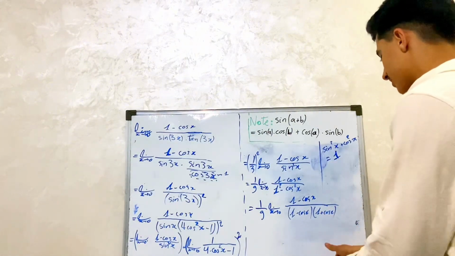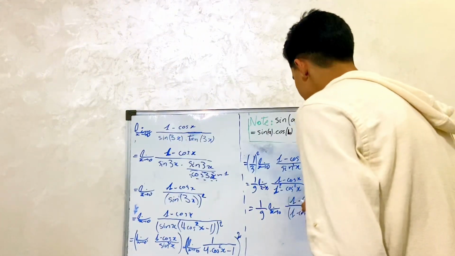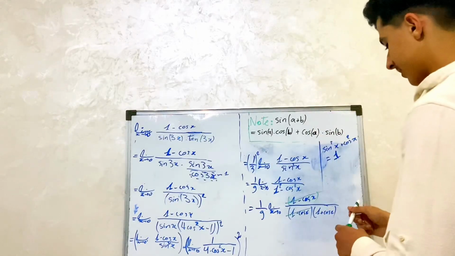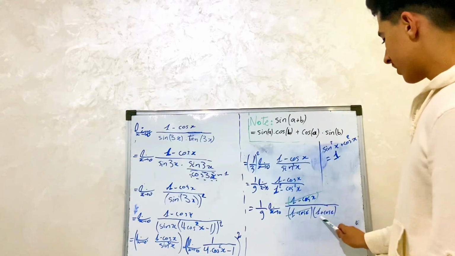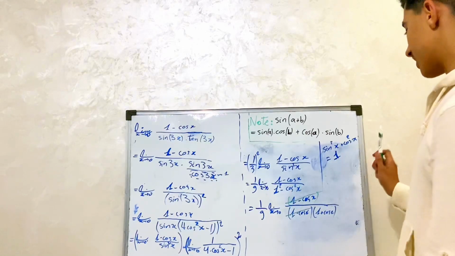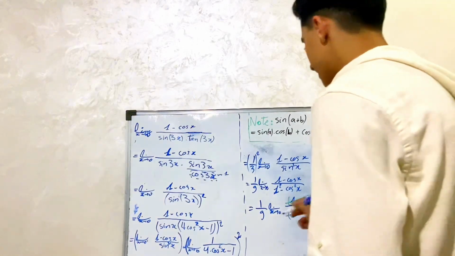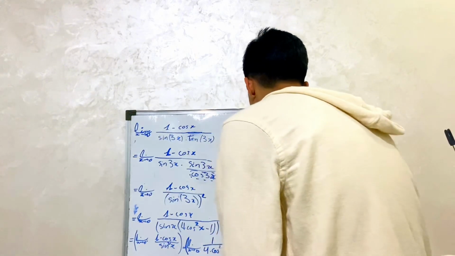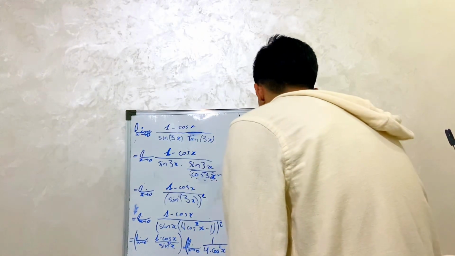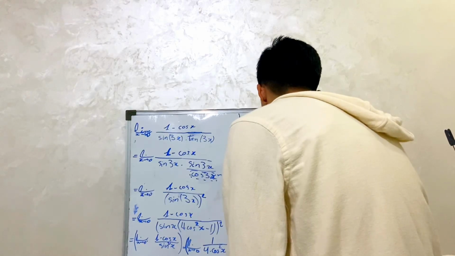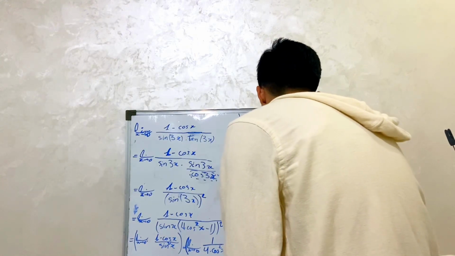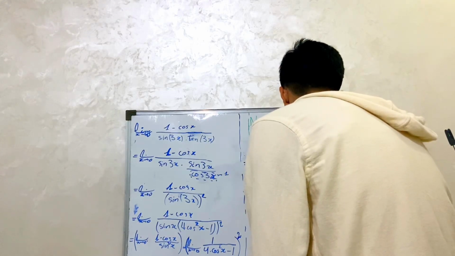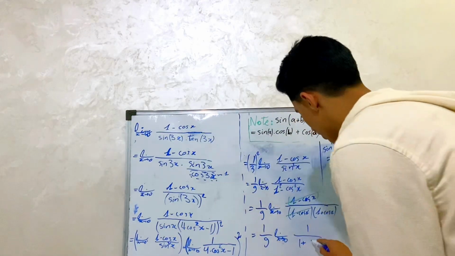We can cancel these two terms. This cancels out with this, leaving us with 1 over 1 plus cosine x, making this 1 over 9 limits as x approaches 0 of 1 over 1 plus cosine x.